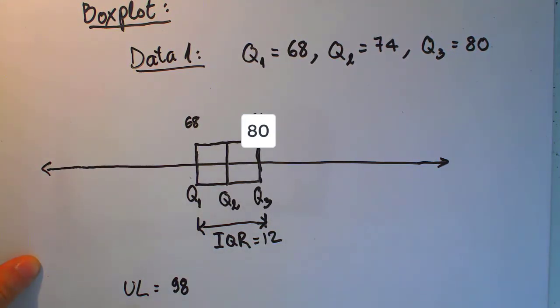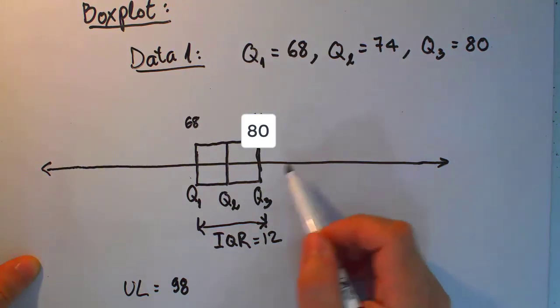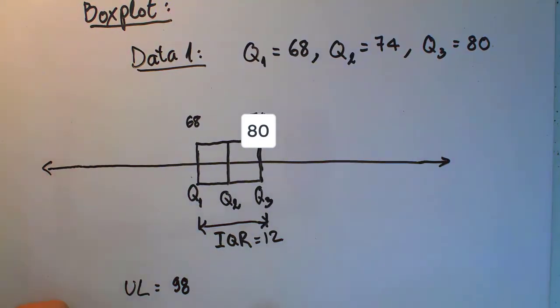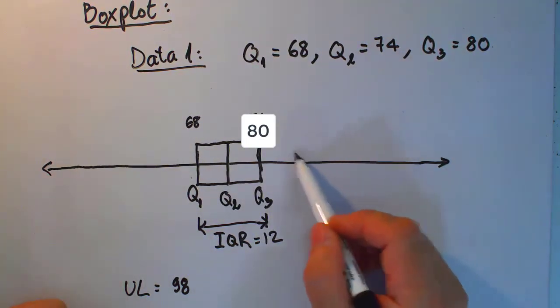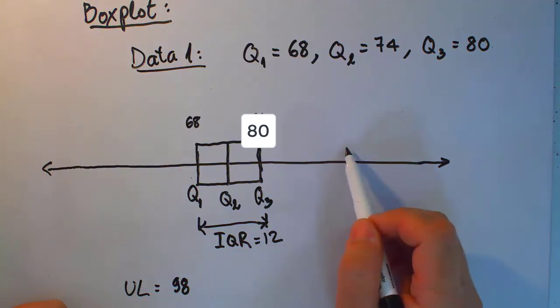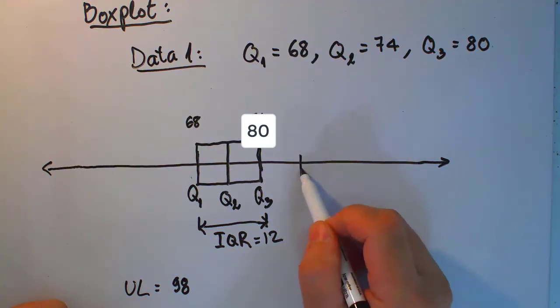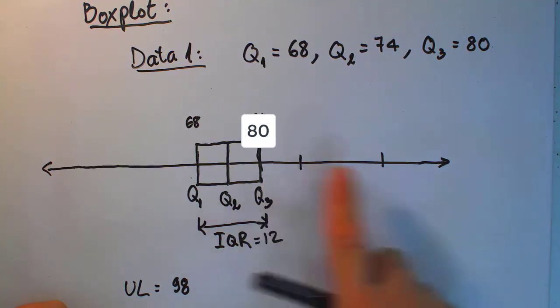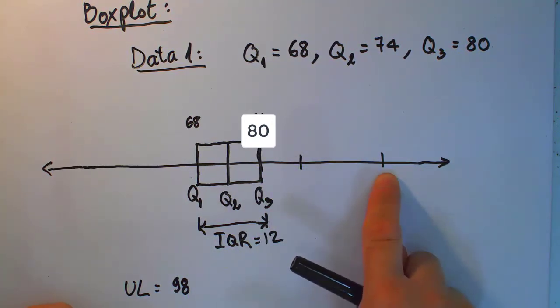So we don't always have to put this down into the box plot, but in case you need to, here's how you can put it down. Now 98 makes sense to stay to the right hand side of this box somewhere, but is it here or is it there? Here I would say a little too close. Here I would say a little too far.